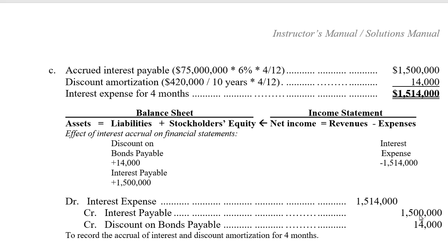So I'm just making you aware of how a discount on a bond affects the interest expense that you record, and how a premium on a bond would affect your interest expense that you would record. So hopefully that's fairly clear for you, as much as I can make it at this point.